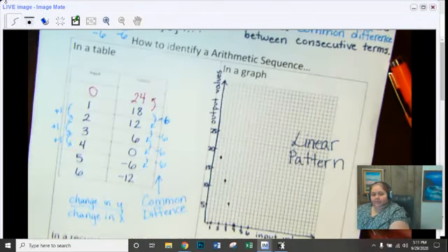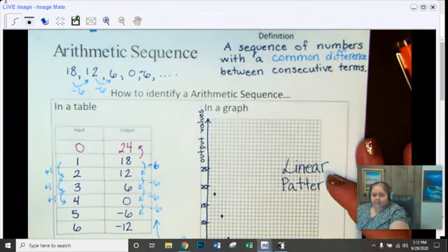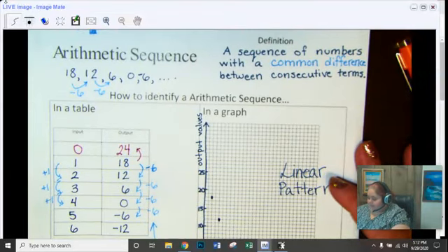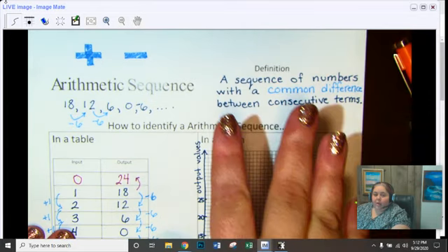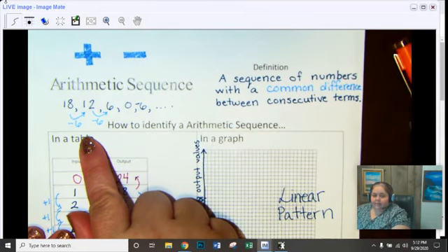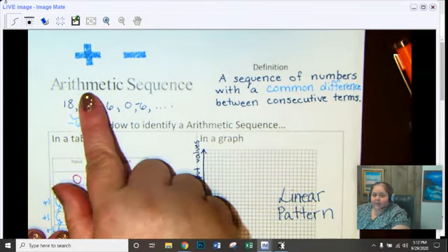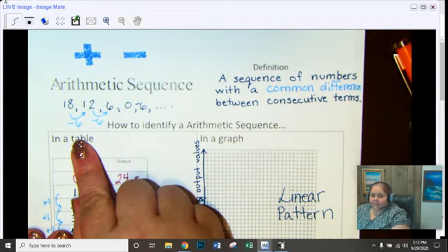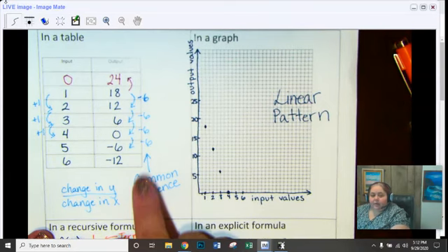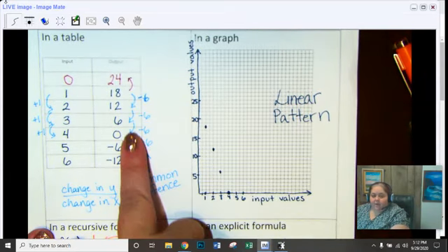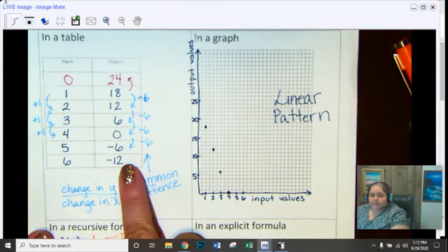And that is arithmetic sequences, how to identify arithmetic sequences. So what you're looking for is a common difference. So you're either adding or subtracting the same number from each term. In a table, you're looking for that common difference on the output side.